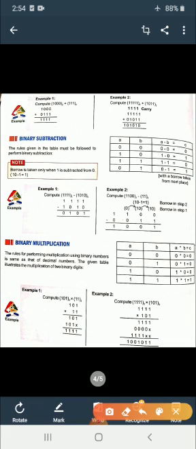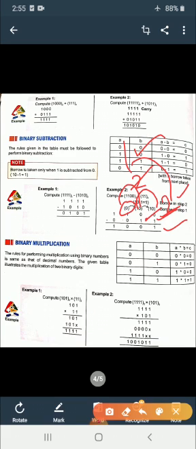Understood? Now when you borrowed here from here to here, you are going to get 2, but here nothing is there. How can you borrow it? So I am going to borrow from here, right? From here when I borrowed, I got 2 here. From here when I borrowed, I got 2 here. Now this became 1. Now 2 minus 1 will become 1, and this 1 minus this 1 will become 0, and here already nothing is there.